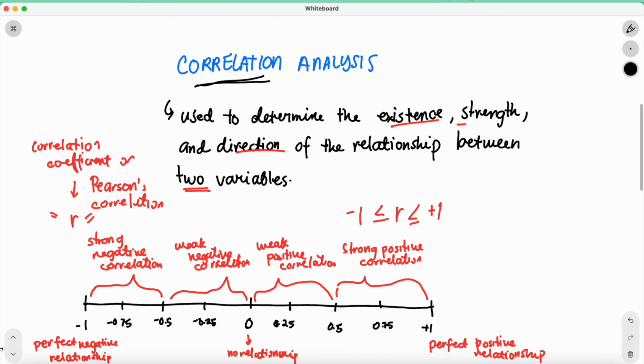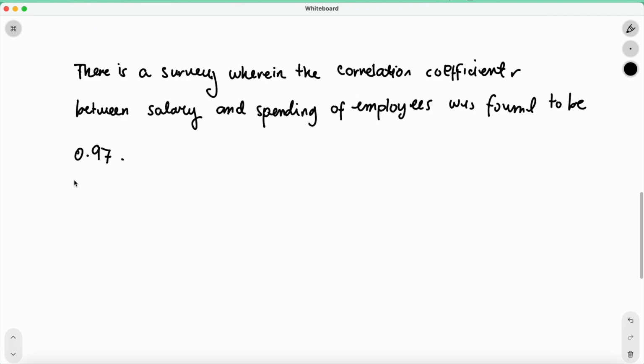So we know this already. So here we have a survey wherein the correlation coefficient between salary and spending of employees was found to be 0.97. So you know that the correlation is 0.97. And we know the independent variable, which one is the independent variable? The independent variable is the salary of the employees.